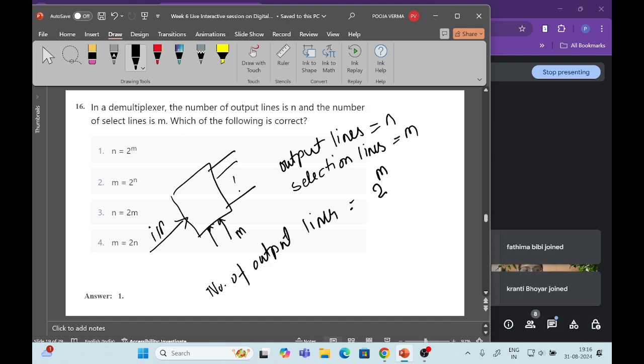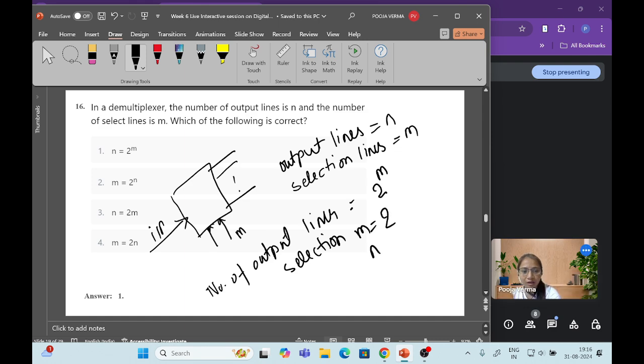For example, if the selection line is 2, m is equal to 2, then n is equal to 2 to the power 2, which is 4. That means the number of output lines will be 4.